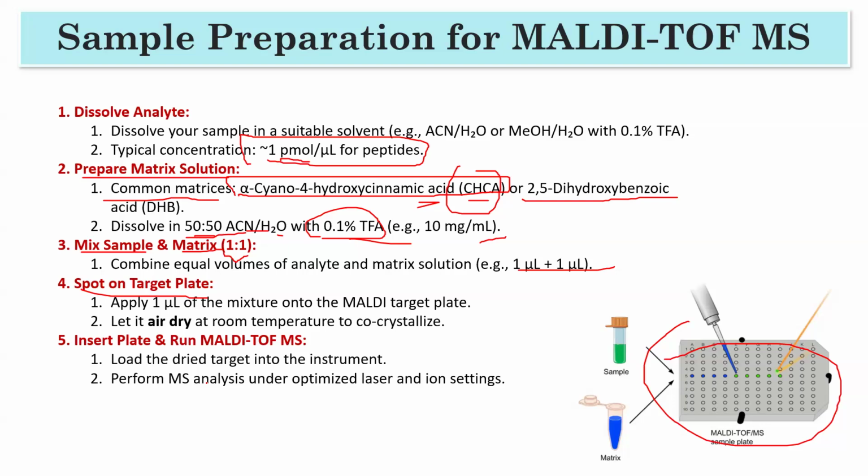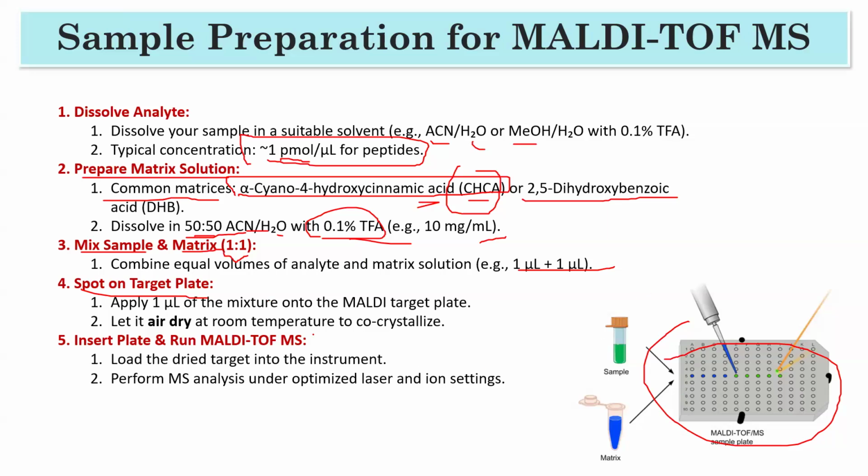Because there will be some solvent after you apply the sample and matrix, you have to evaporate that. So you can just wait for some time, because methanol and acetonitrile evaporate very fast. Sometimes people even put them in an oven at 50 or 60 degrees, and even water will evaporate.